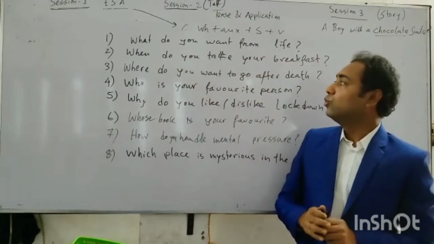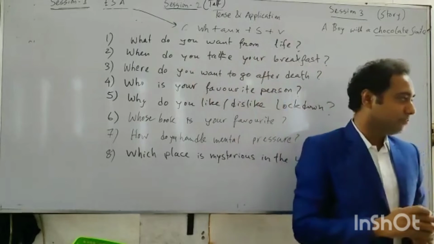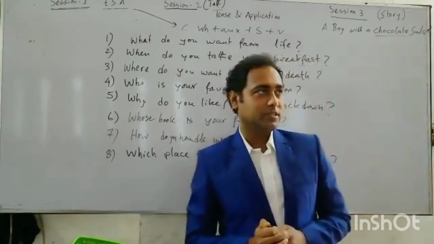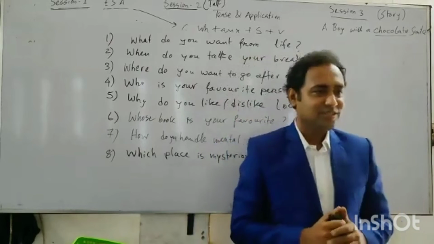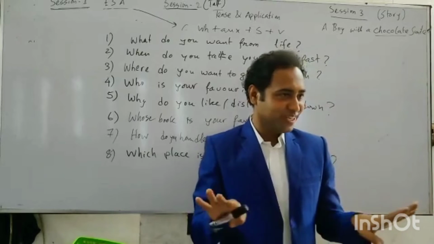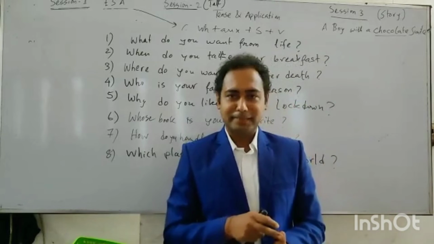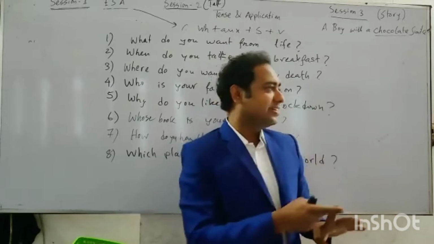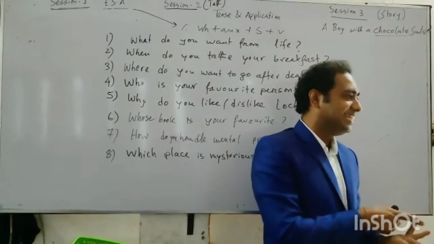Number 2, when do you take your breakfast? This is in present tense. When do you take your breakfast? It means regularly. If you talk about my breakfast, I take 2 types of meal. Sometimes flat bread, roti, vegetable, milk, egg, and some other times rice, egg, fish curry, tea.